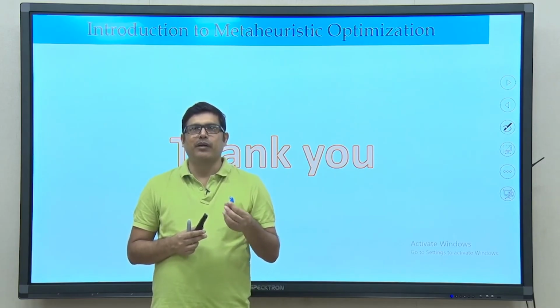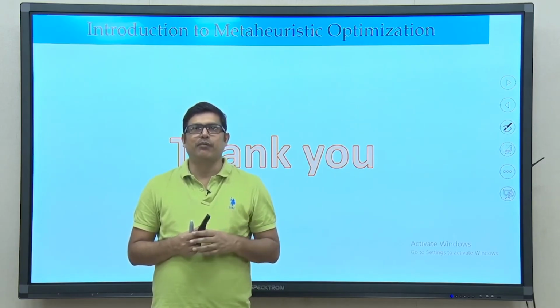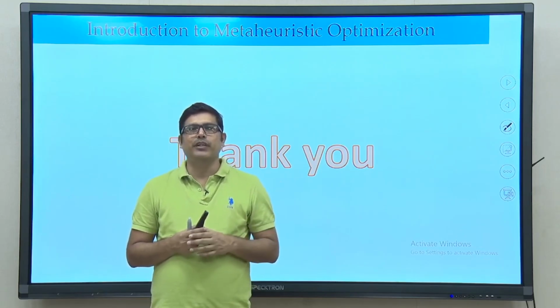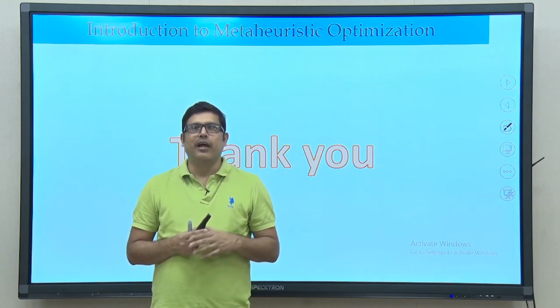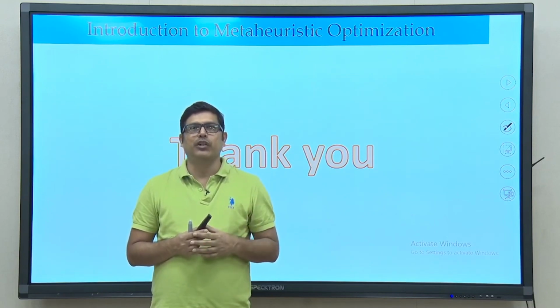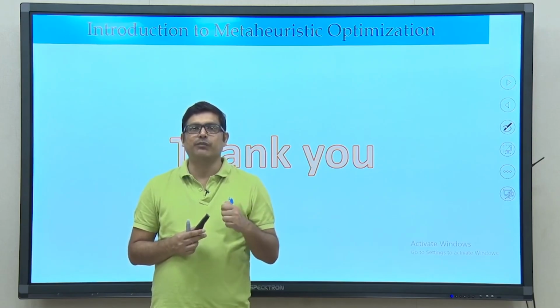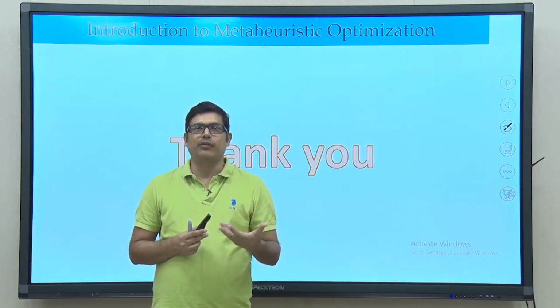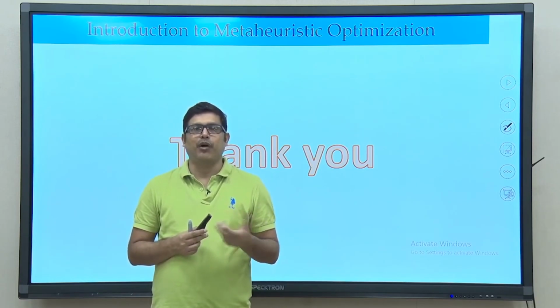Similarly, if your problem is an integer or a discrete problem, you will not be able to apply classical methods. To overcome those things, meta-heuristic optimization methods can be used, and they can give you the global optimal solution, because your search process will not get trapped in a local optimal point.